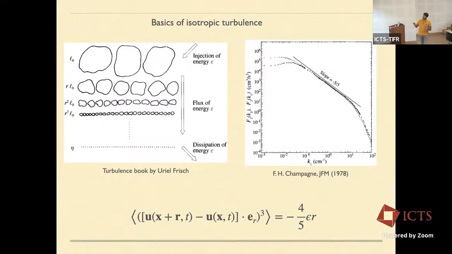And there's this famous relation, which is k to the power minus 5/3. This is the Kolmogorov theory of turbulence.